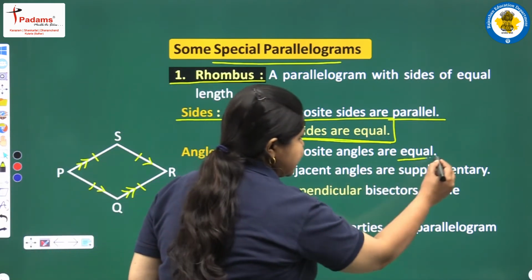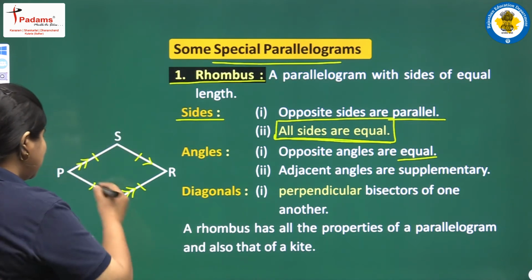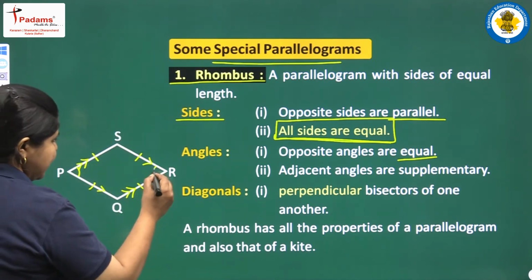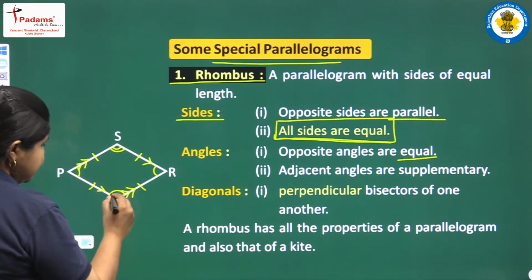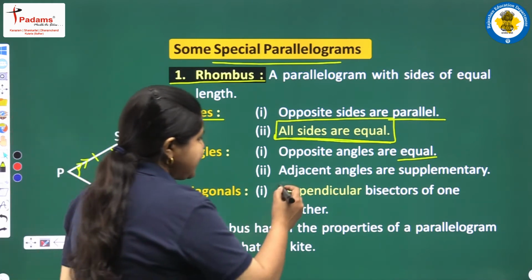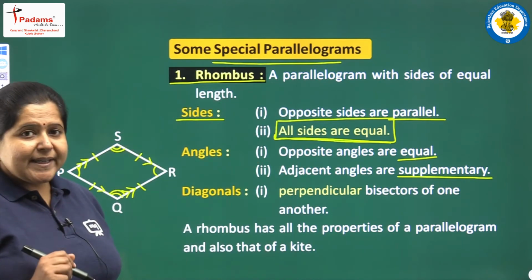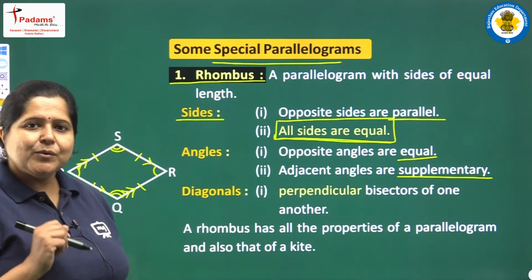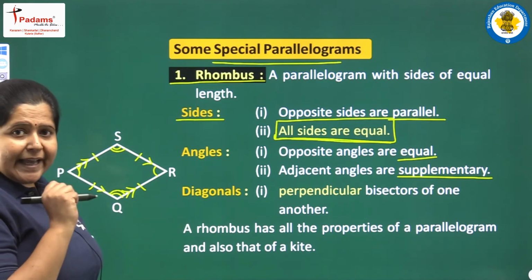We have seen all its four sides are equal. Opposite angles are equal as they are in a parallelogram. Here also angle P is equal to angle R, angle S is equal to angle Q. Adjacent angles are supplementary. Supplementary means their sum is equal to 180 degree. The adjacent angle means the neighboring angles.